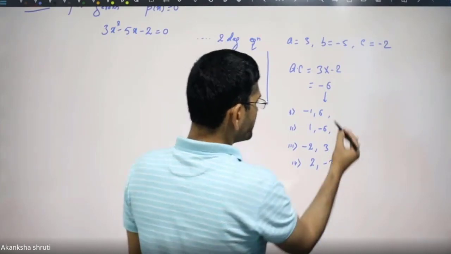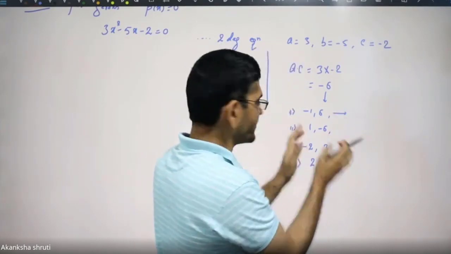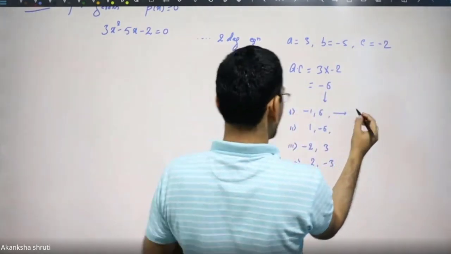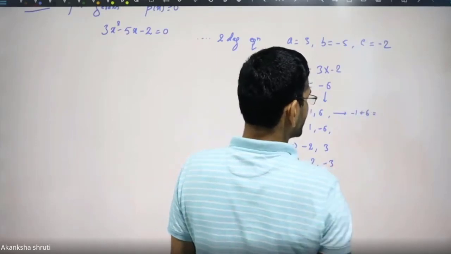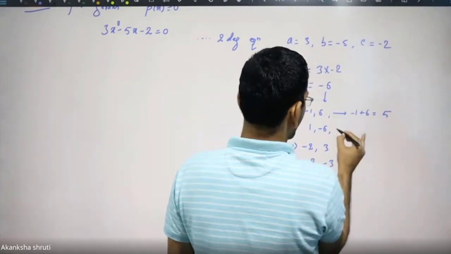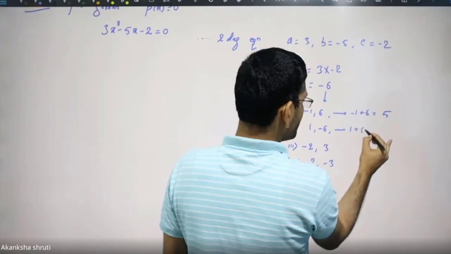Now you go for adding these. Adding means you keep the plus symbol in between, because the sign is already considered here. Student, -1 plus 6 is plus 5. Now add this: 1 plus -6.